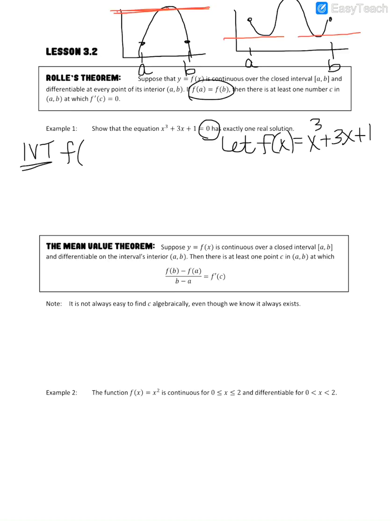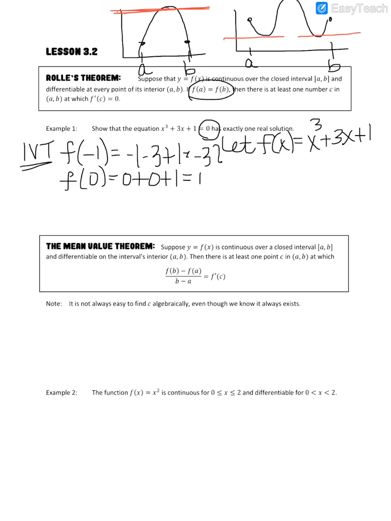Okay. So how about I pick -1. This would give me -1 minus 3 plus 1, which is -3. And then let me try 0. That would give me 0 plus 0 plus 1, which is 1.